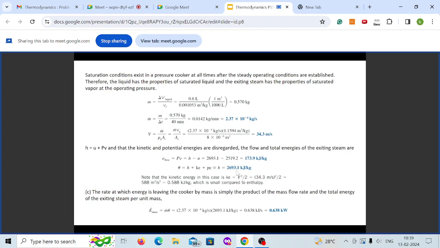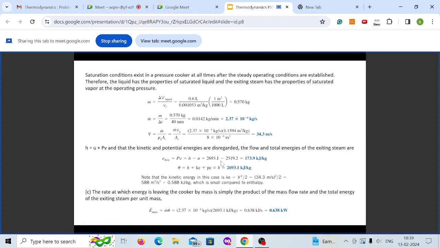So why are we assuming kinetic energy and potential energy is zero? Potential energy is zero. Kinetic energy is specific kinetic energy here, so V square by 2. We have already calculated velocity. If you substitute that, you will find that your kinetic energy is 0.588 kilojoule per kg. So compared to your value of 2693.1, 0.588 is negligible.